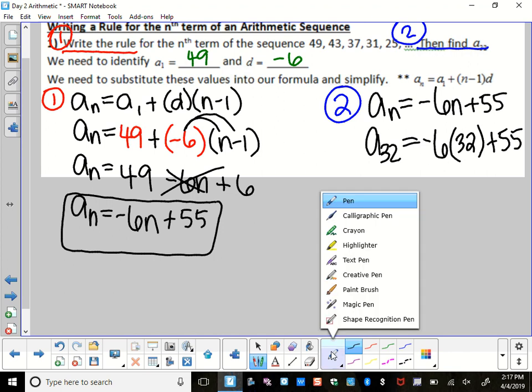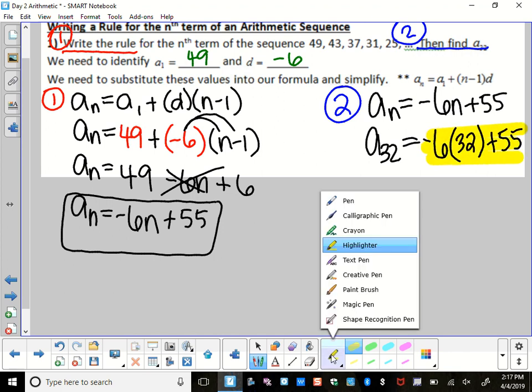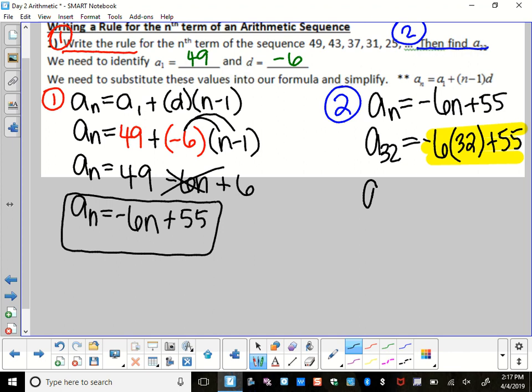So I want you guys to type this part into your calculator. And what do you get for your 32nd term? Negative 6 times 32 plus 55. Negative 137. Negative 137. So now we've answered both parts.